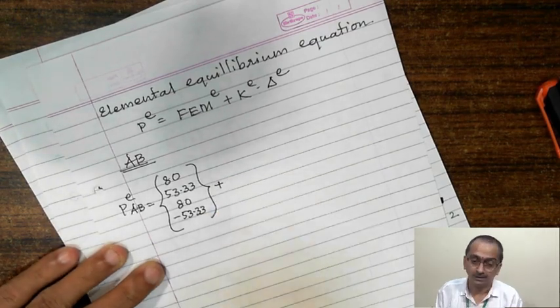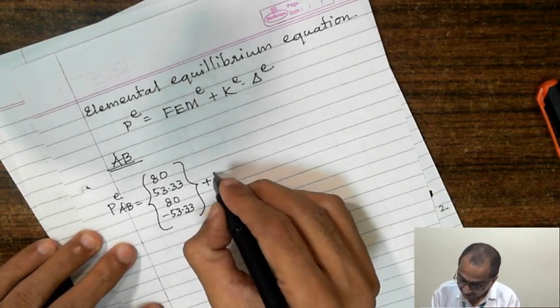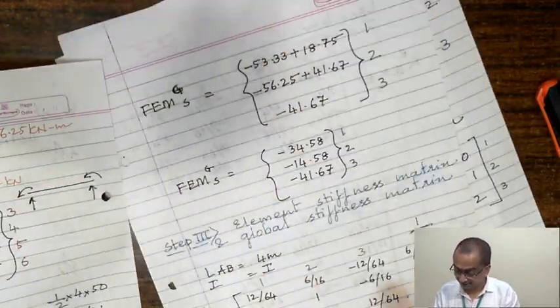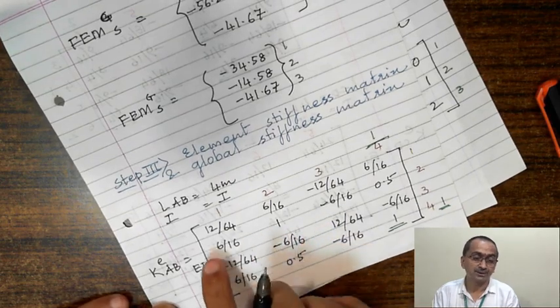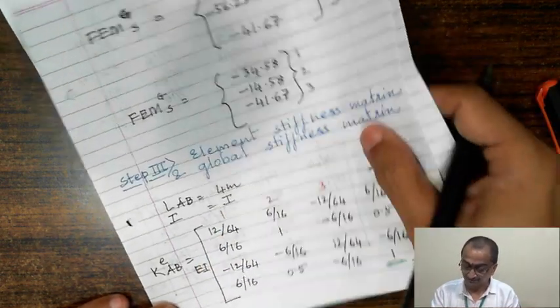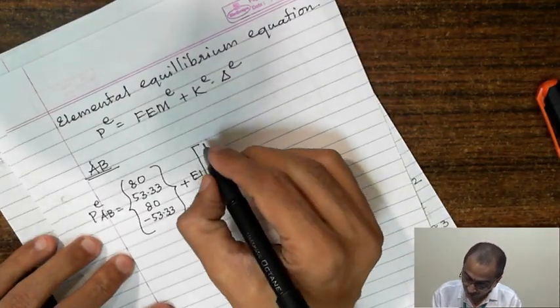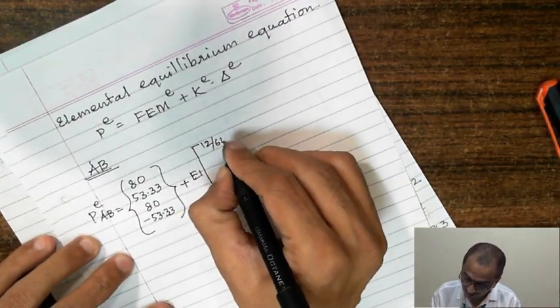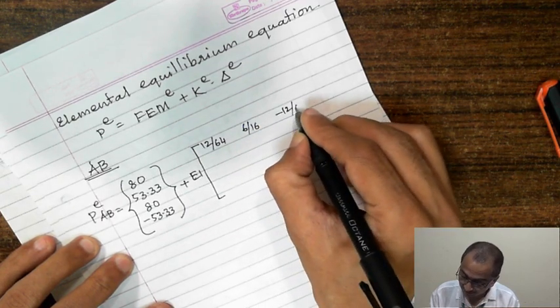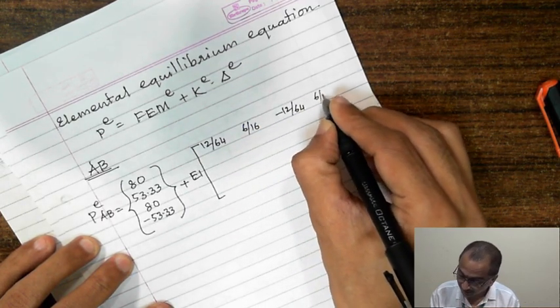Plus, what is K element? EI into, yes, I have already assembled the element stiffness matrix for AB. This is my element stiffness matrix for AB, so I am copying it: 12 by 64, 6 by 16, minus 12 by 64, 6 by 16.